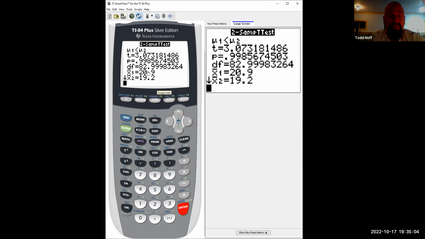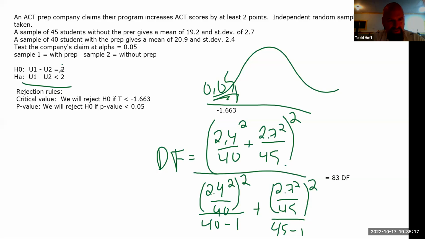Well, what we did wrong was we forgot to account for the fact that the difference here is 2. This difference is not 0. Remember, we said the calculator always assumes that difference is 0. How do we account for that?